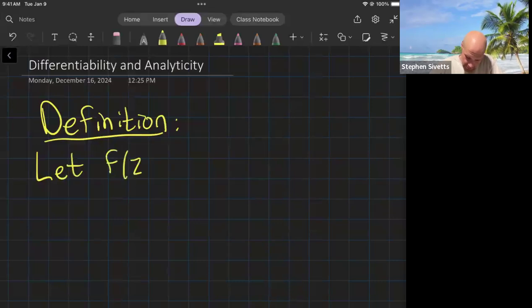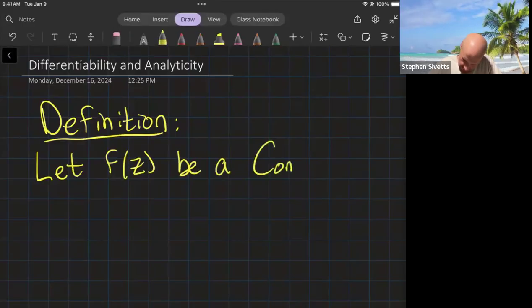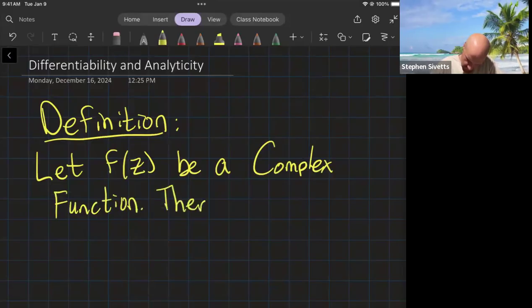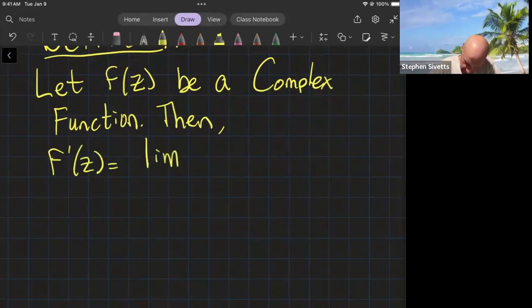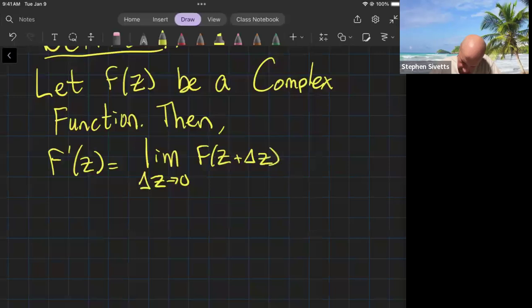So let f of z be a complex function. Then f prime of z is defined to be the following: the limit as delta z approaches 0 of f of z plus delta z minus f of z, divided by delta z.